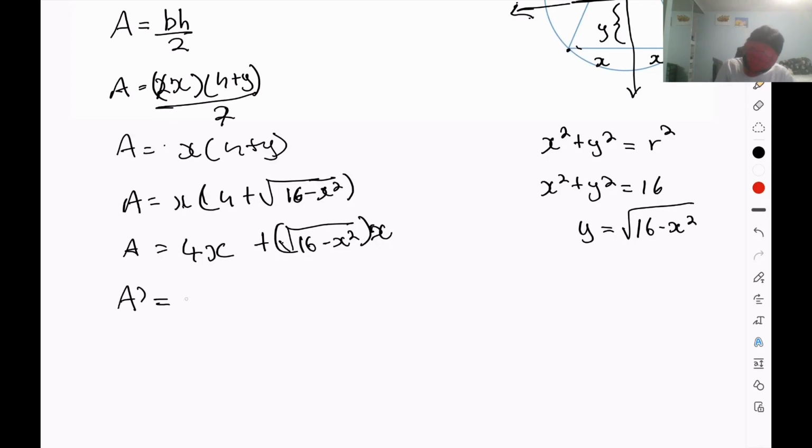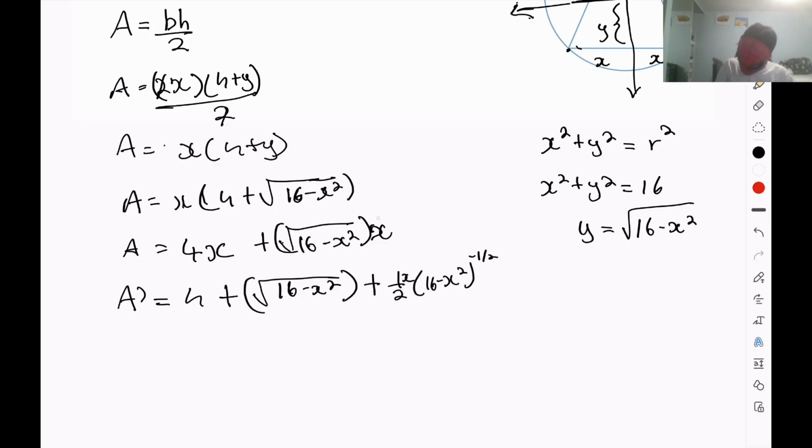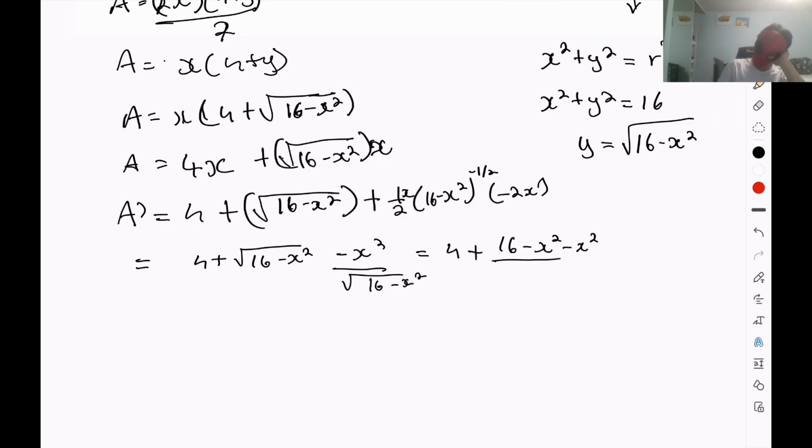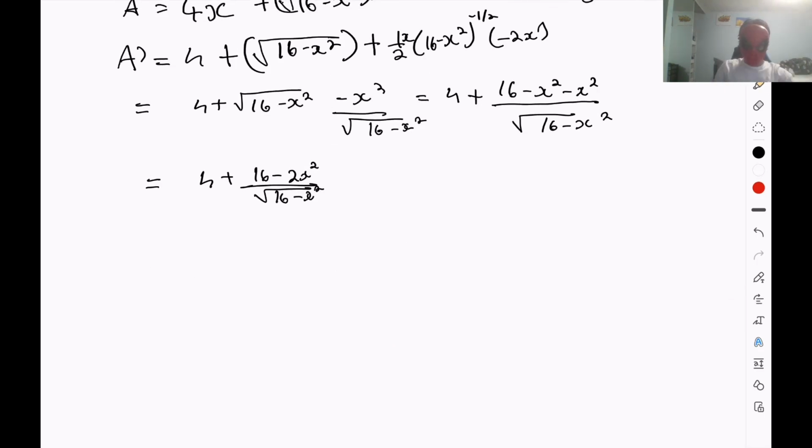So this becomes 4 plus... now we set it equal to 0 to find the critical points of x.